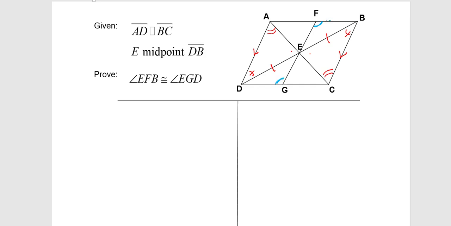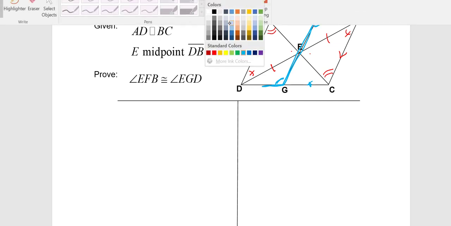And hopefully you can see that those are alternate interior angles too. So really what I want to do is try to get this side parallel to this side. Okay, so let's see if we can get ourselves there.